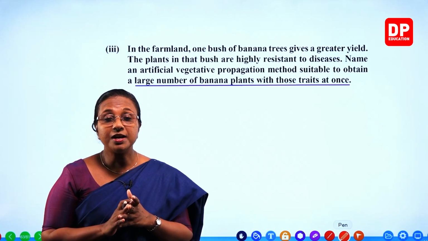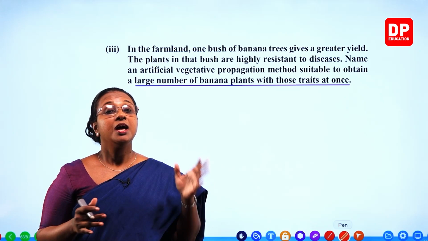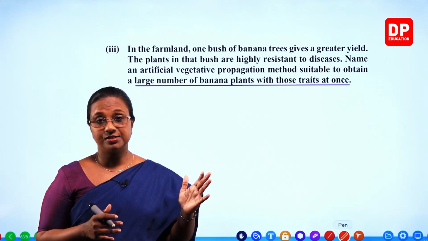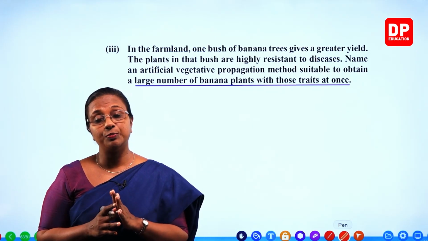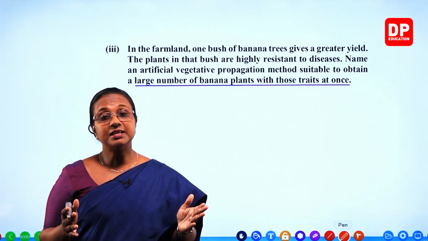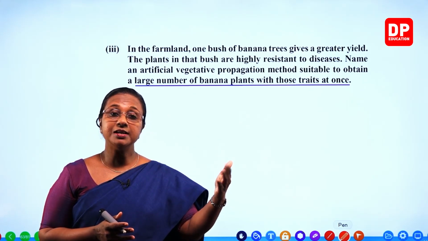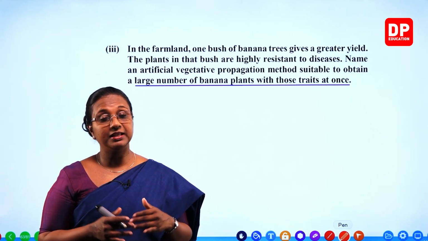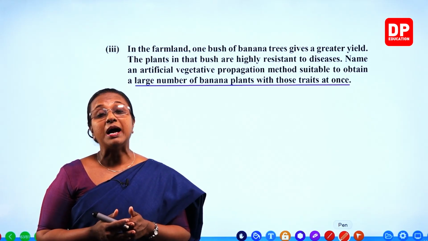So there are different methods of artificial vegetative propagation. One is stem cuttings, where you cut a stem and you grow it into a new plant. Then there is the grafting method, where one plant is grafted with another plant. It can be either twig grafting or the bud graft.